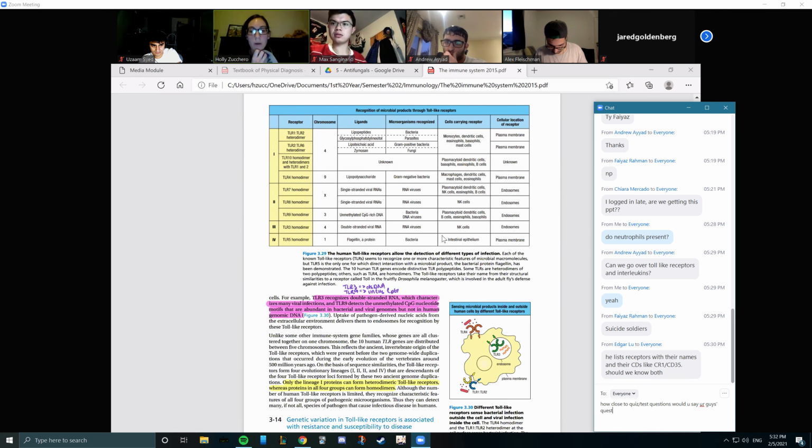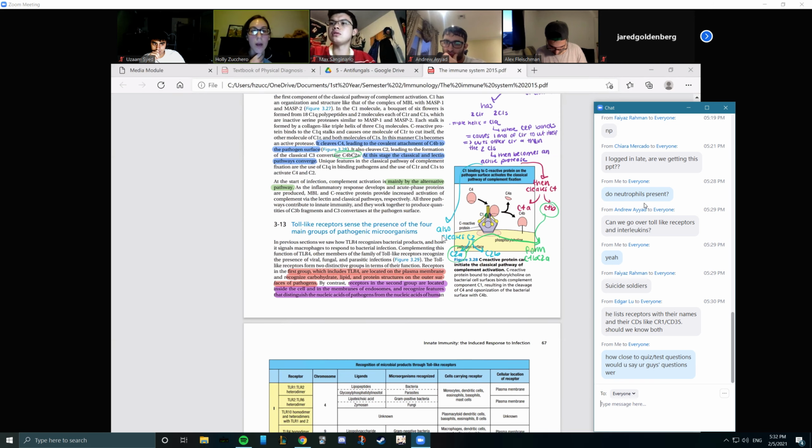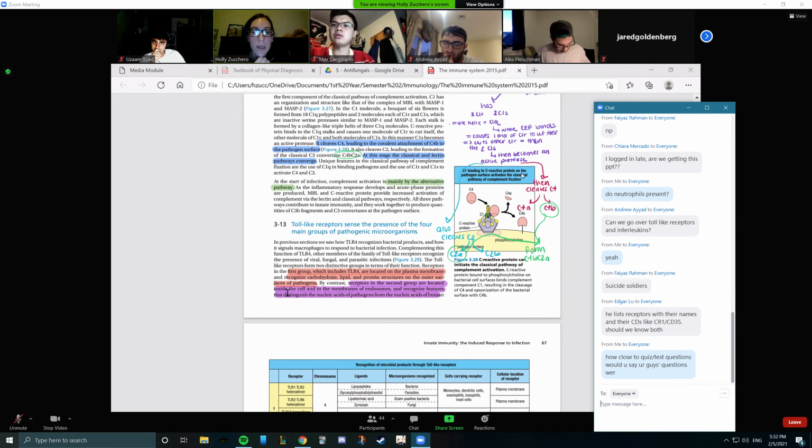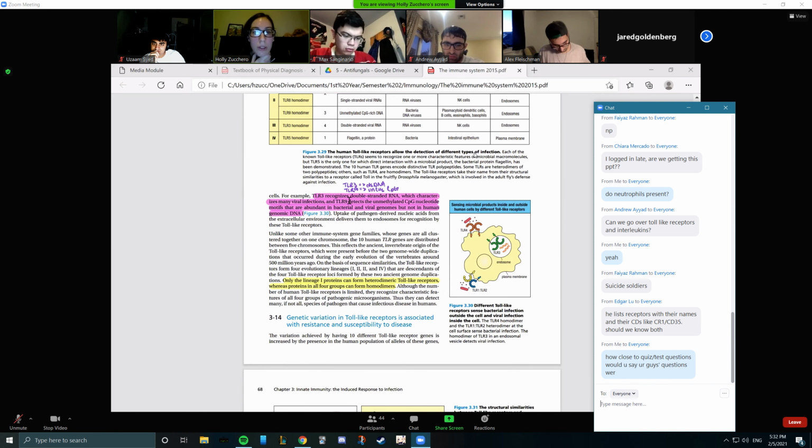Okay, so these are your toll-like receptors. Basically, they recognize different things depending on which one they are.